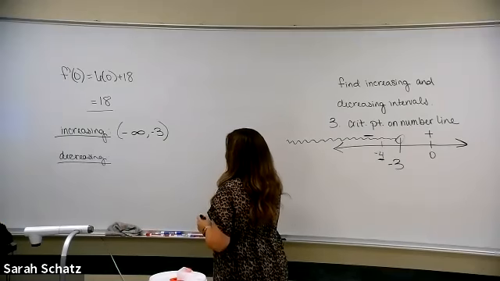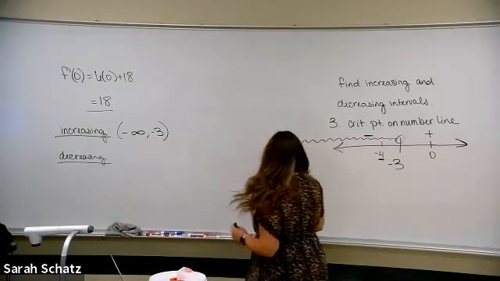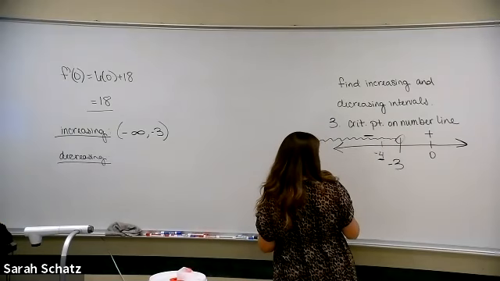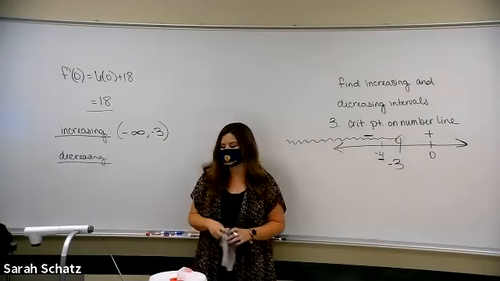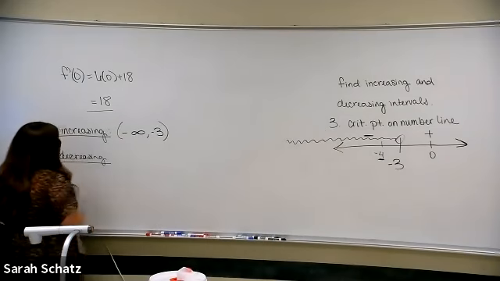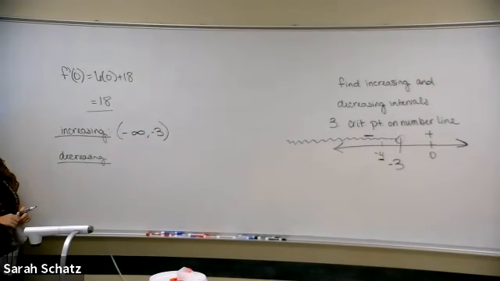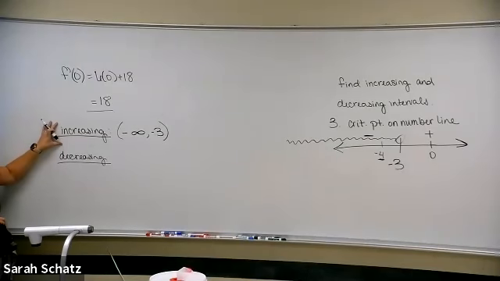So decreasing interval. Oh, guys, I did this wrong. I'm not looking at the problem as I write these. What did I do wrong? Increasing and decreasing backwards. Yeah, I did increase and decrease backwards. I started with increasing. My goal was to start with decreasing.